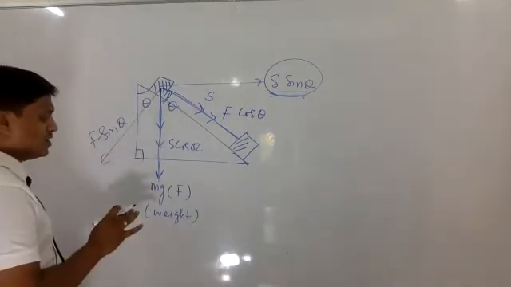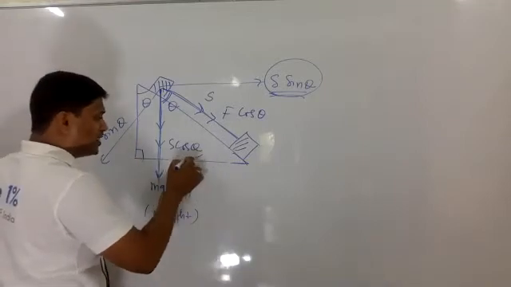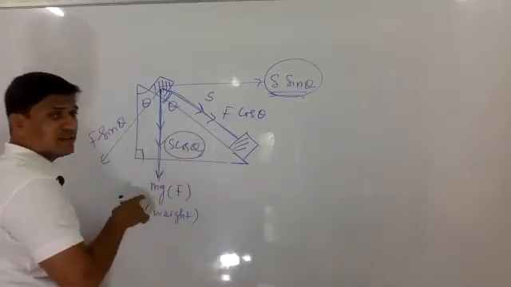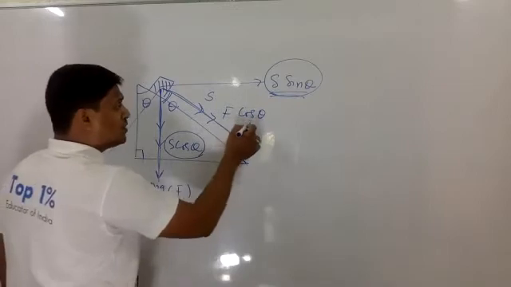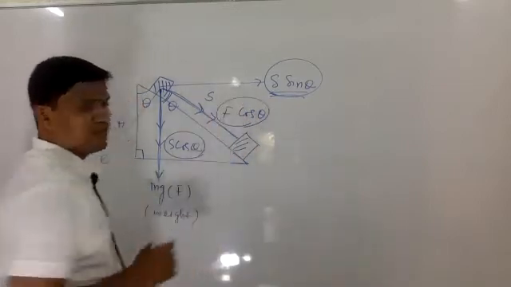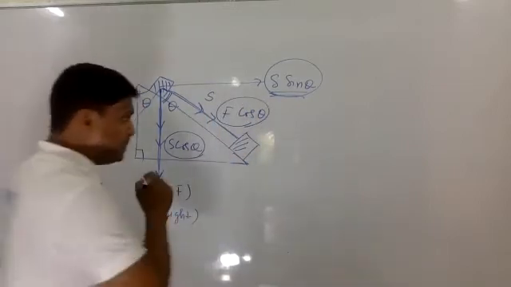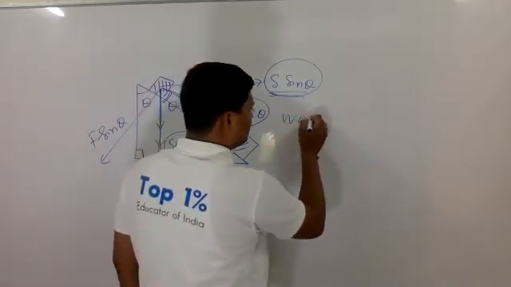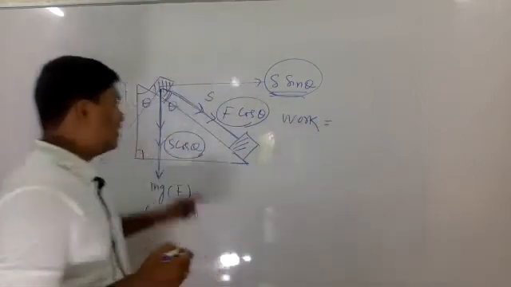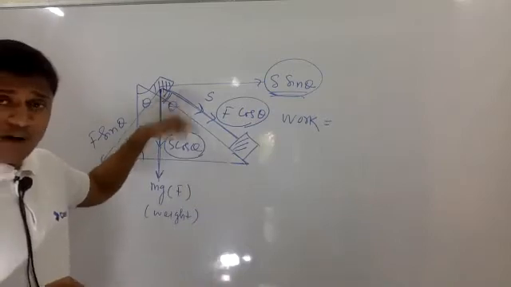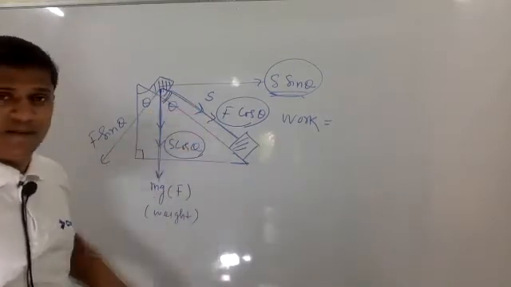So I have to consider either the component of displacement along the direction of force, or the component of force along the direction of displacement. Getting my point? That means I can write work in two ways. If this is S, then what component of the force is acting along displacement? That is very important.